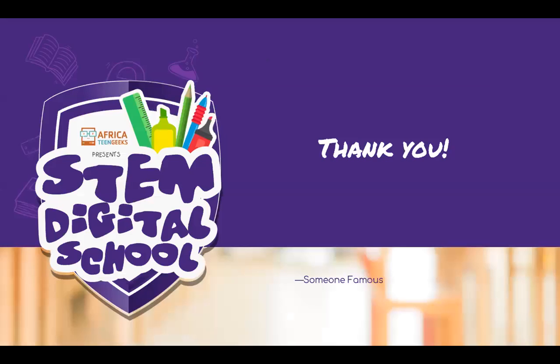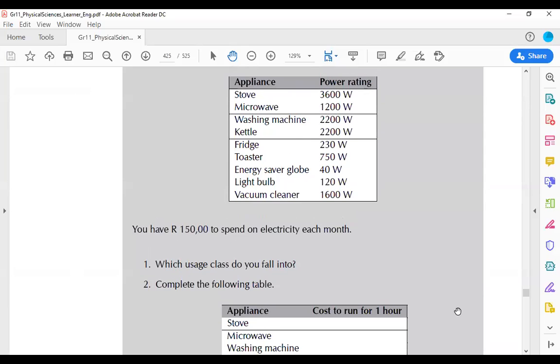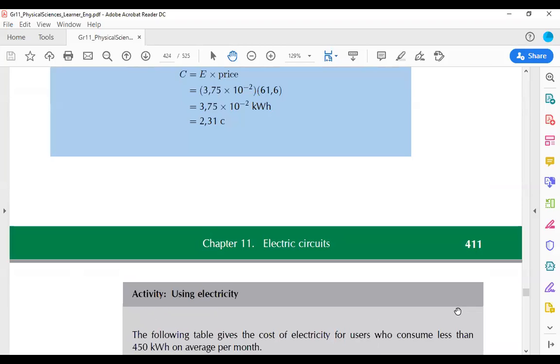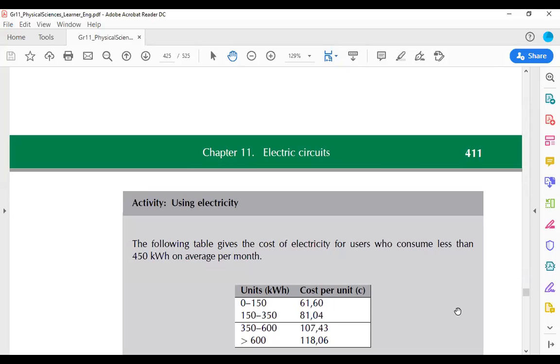So I just wanted us to check some work that we had on our Siyavula textbook. Okay, so this is one that talks about using electricity.